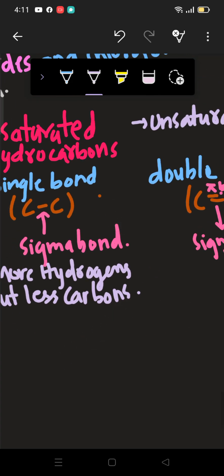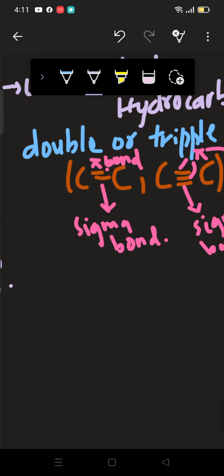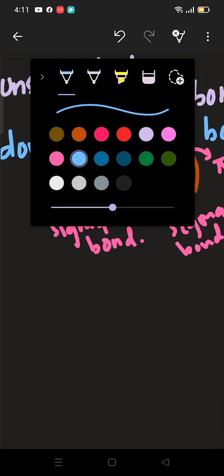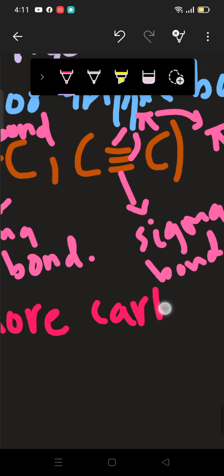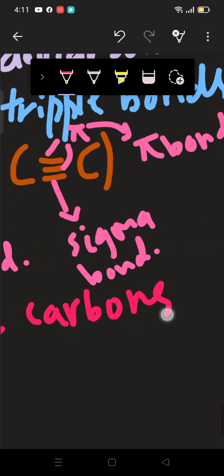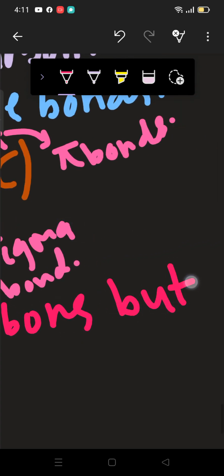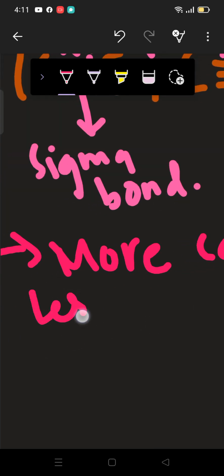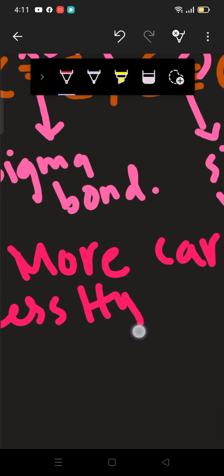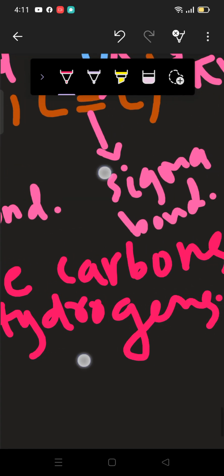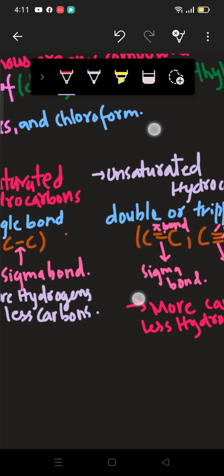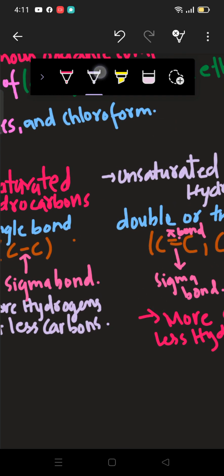Here we'll have more hydrogens but fewer carbons. But if I compare this with unsaturated hydrocarbons, here we'll have more carbons but fewer hydrogens. So this is basically the difference between saturated and unsaturated hydrocarbons.